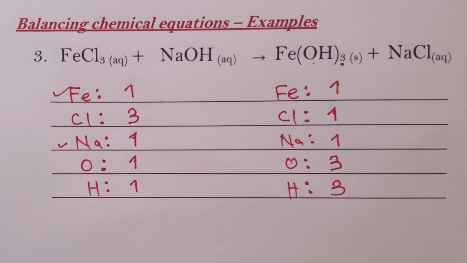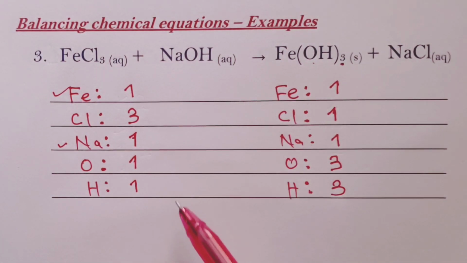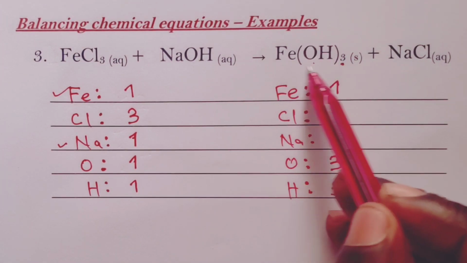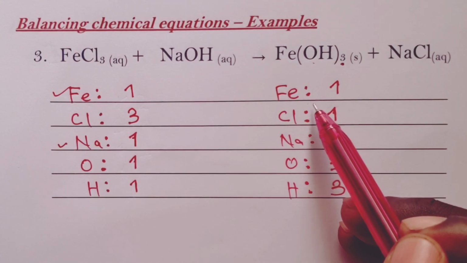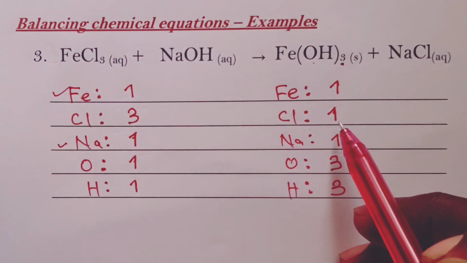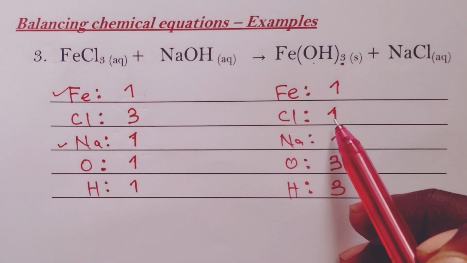So, looking at the equation carefully, I realize that oxygen and hydrogen are affected by the bracket. So I will not approach my equation from a complicated front. The bracket complicates oxygen and hydrogen.